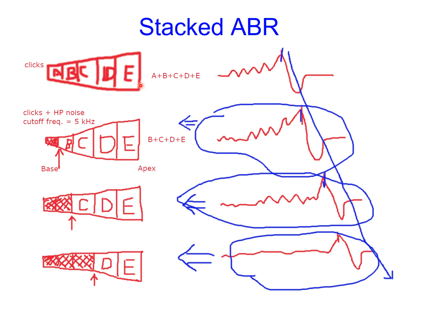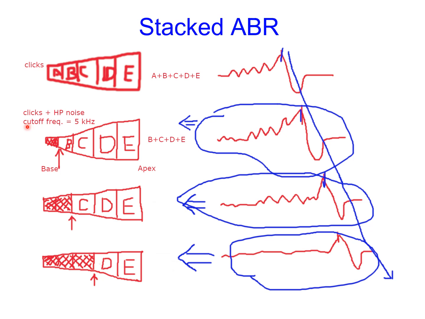Let's say we have the A, B, C, D, E regions. All these segments of the cochlea will respond and contribute to an ABR waveform like this, and let's say wave 5 is here.